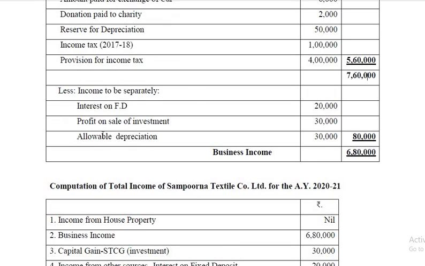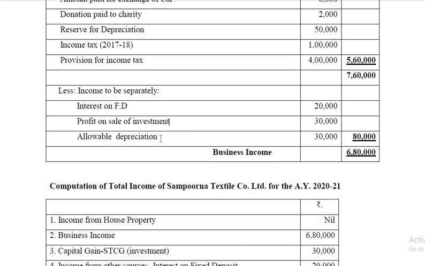Now you deduct the items of income which are relatable to other heads of income. Like interest on FD, I told you that falls under income from other sources. Similarly, profit on sale of investment comes under capital gain.